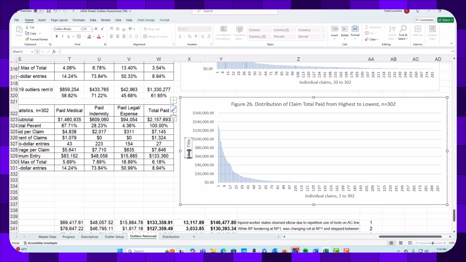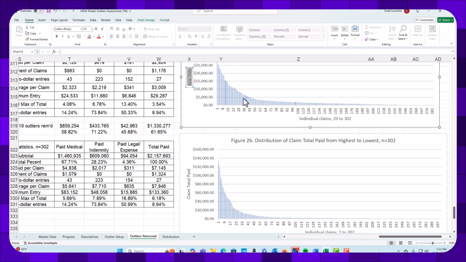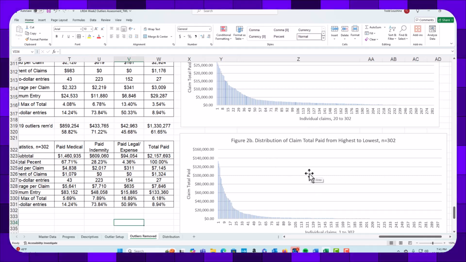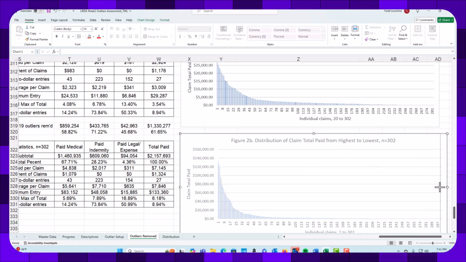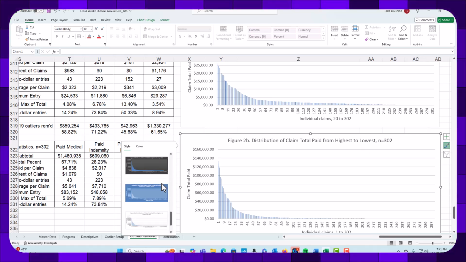And this is the claim total paid. And we already have the units on there, so claim total paid. Okay, so something like this, and you can make it look pretty. I may make it look pretty before I dump it. You guys remember how to do that? You can do this and then just figure out which one you want to use.